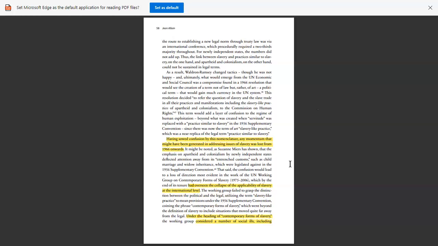And I've been dealing with from 1966 and onwards, as it points out there, but I'd say this has been going on since scriptural times. By its tenure, it had overseen the collapse of the applicability of slavery at the international level.